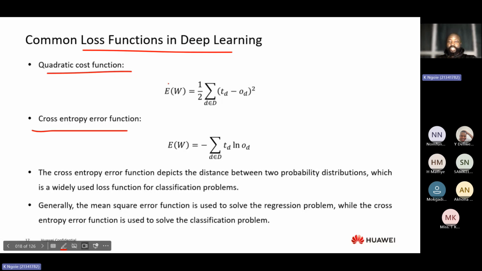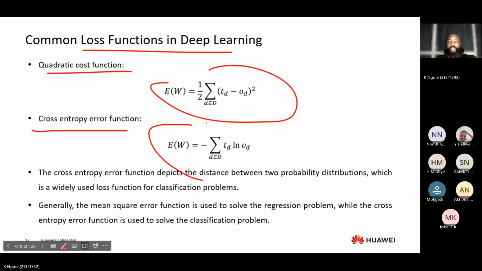Depending on the problem we're solving, if we're dealing with a classification problem, we use the cross entropy error function. Remember, the most important thing we always need to ask ourselves is what problem are we solving?